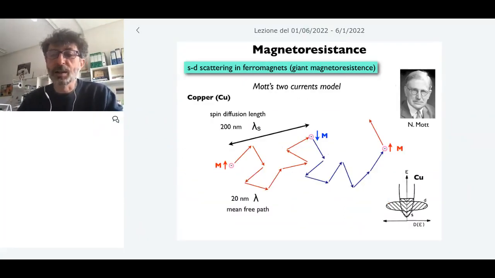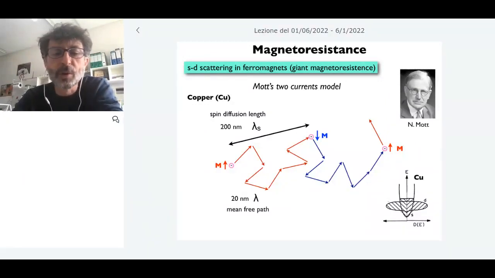Let's change slide. The idea to describe this was by Neville Mott, an Englishman that probably also got a Nobel Prize for some of his research. Now I'm not sure of this.